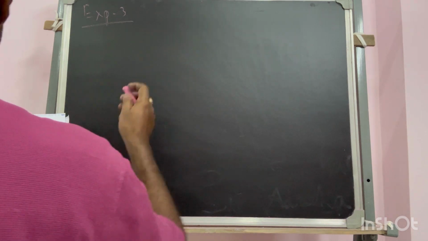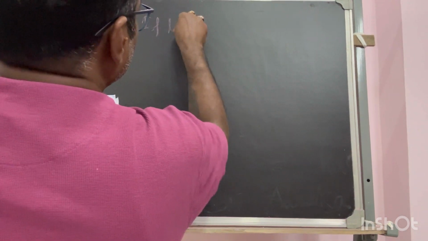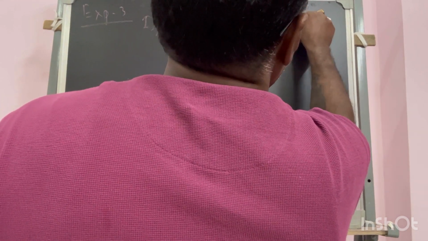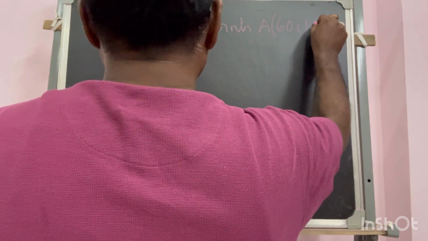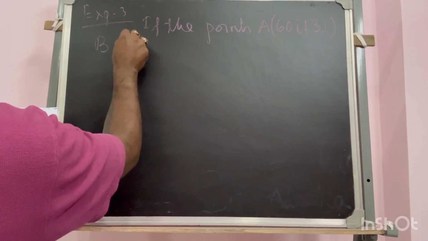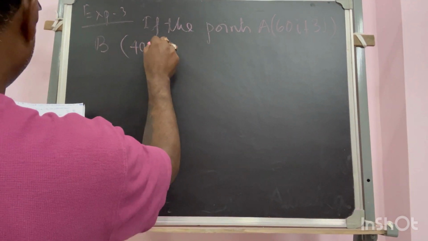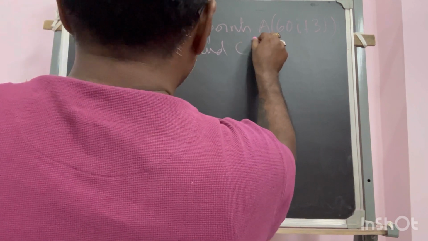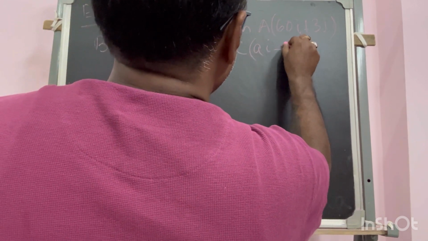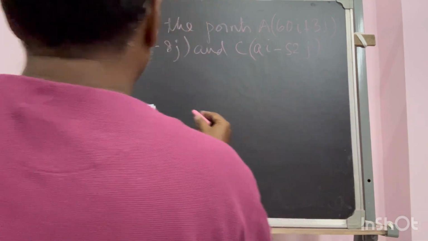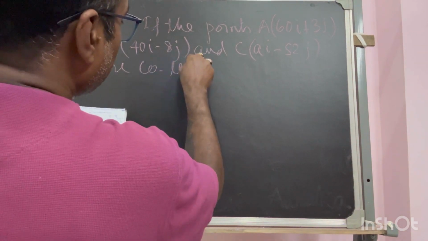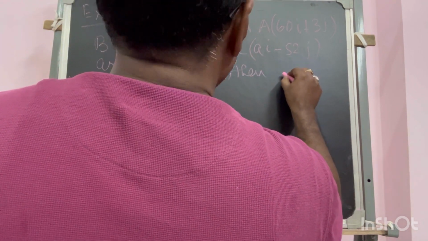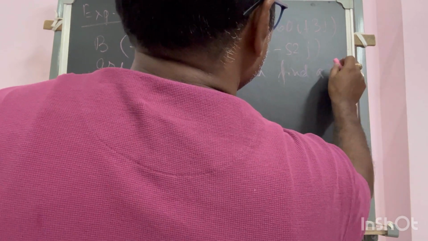It says if the points A, 60i plus 3j, this is one point, another point B is 40i minus 8j, and C is ai minus 52j are collinear, then find a.